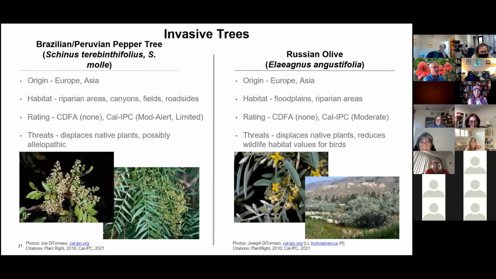Brazilian pepper tree and Russian olive may surprise some people because they're so commonly planted, in my opinion, but they also have taken over many wildland areas and are problematic, displacing native plants. Allelopathic means it puts chemicals on the soil that make it difficult for other plants to sprout.